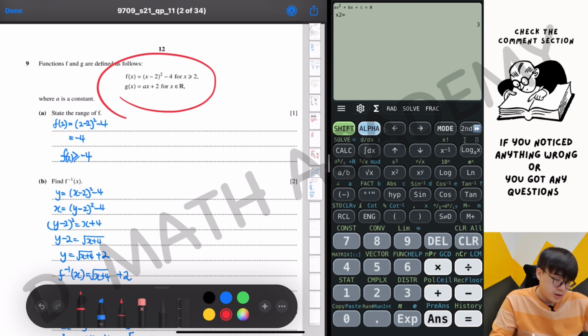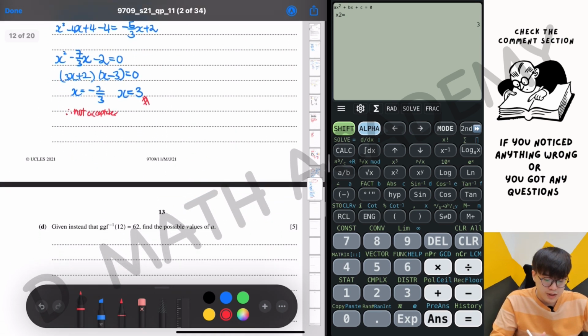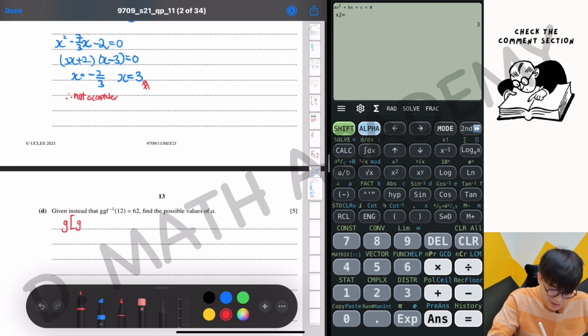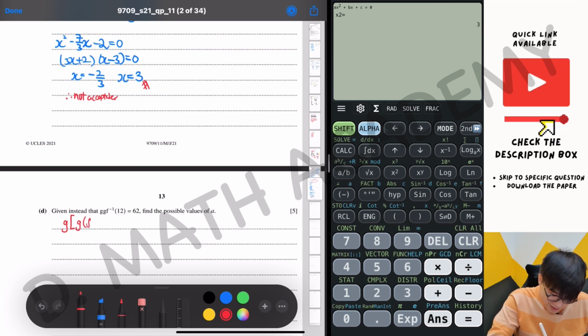Okay, so this is how you solve the ABC over here, and we have one last thing, which is to identify our D's value. So they specifically put G, and then there is an f inverse 12 inside of it.